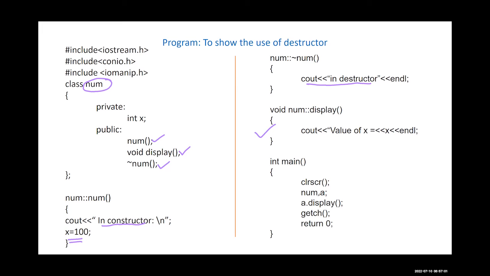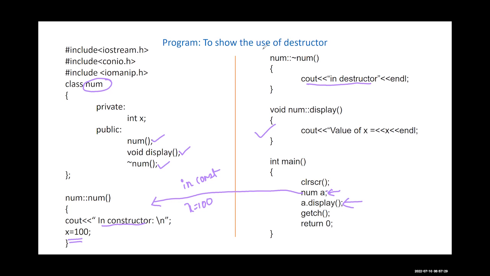Now in main I'm creating an object called a, a num object. As soon as I create it, my constructor is going to get invoked. The x value is going to become 100, so initialization happens, and in the output I am going to print "in constructor". After that I call a dot display.